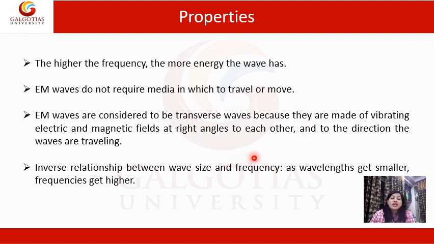Electromagnetic waves are considered to be transverse waves because they are made up of vibrating electric and magnetic fields at right angles to each other and to the direction the waves are traveling. As the wavelength gets smaller, frequency gets higher. This indicates the inverse relationship between wavelength and frequency.